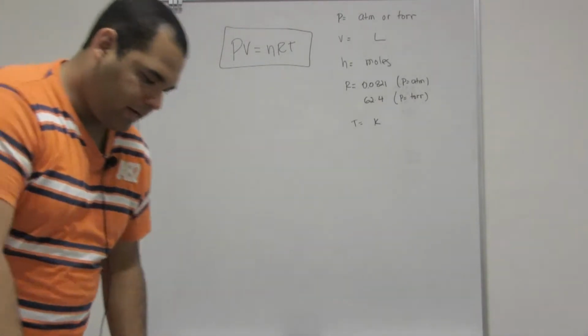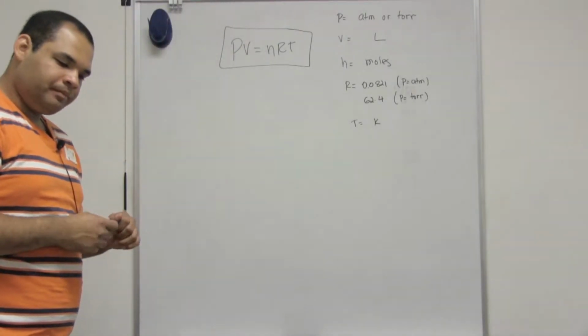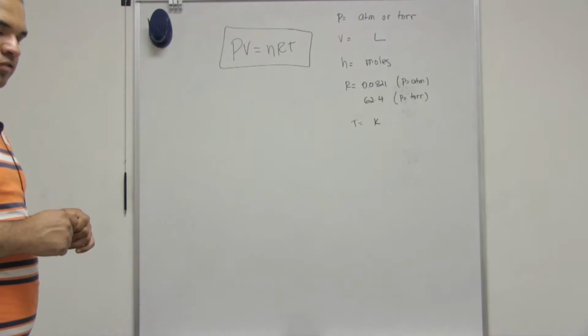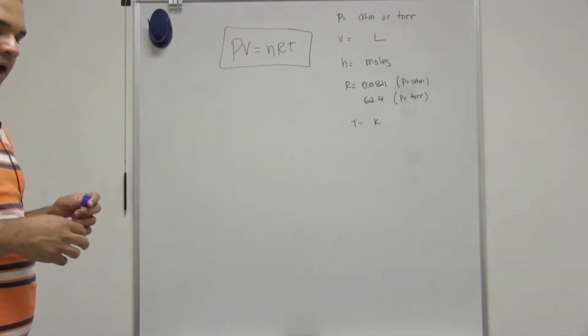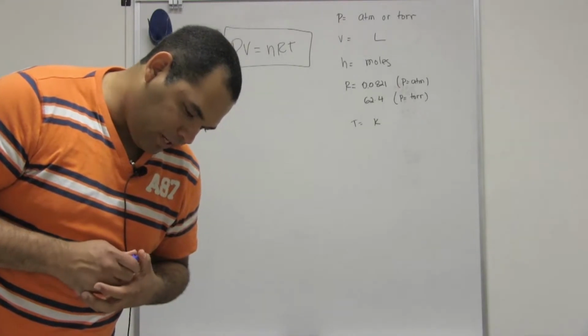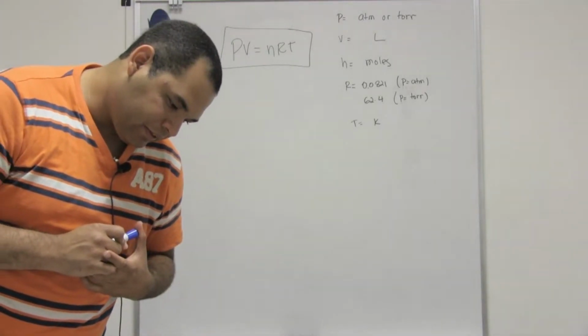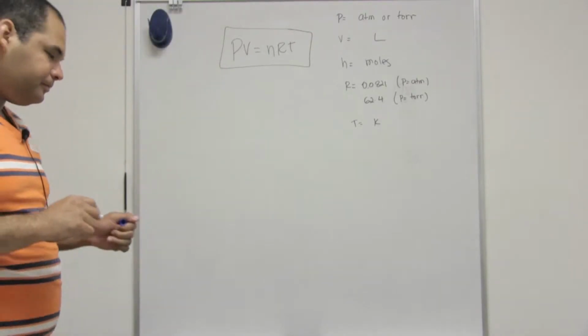So here I have one example. It says, what is the temperature of a gas if 4.3 moles occupy 74.1 liters at 739 torr?